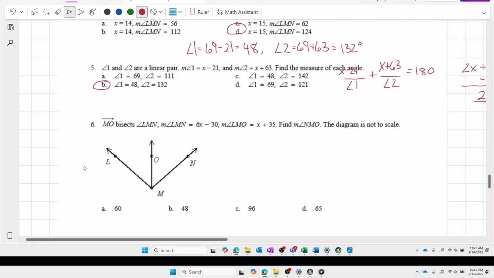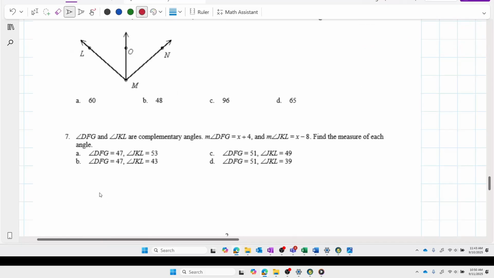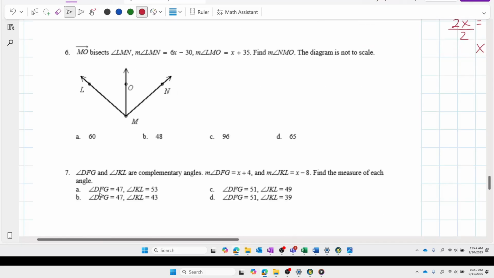All right, problem number 6. Ray MO bisects angle LMN. So these two angles we can draw. L, M, N. The big angle, this entire angle, equals 6x minus 30.